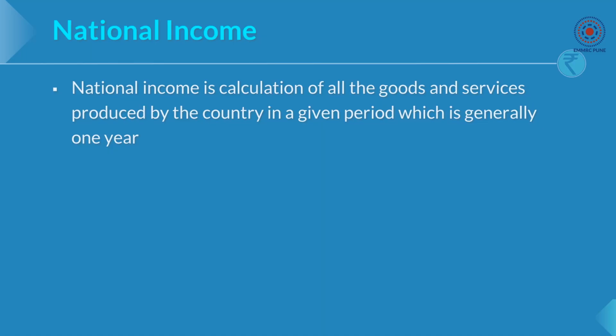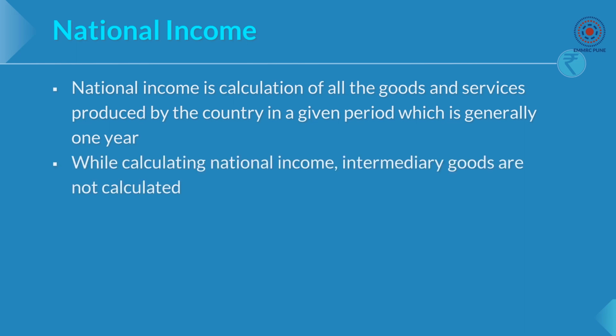We have to remember some important points while calculating national income. First, national income is the calculation of all the goods and services produced by the country in a given period, which is generally 1 year.